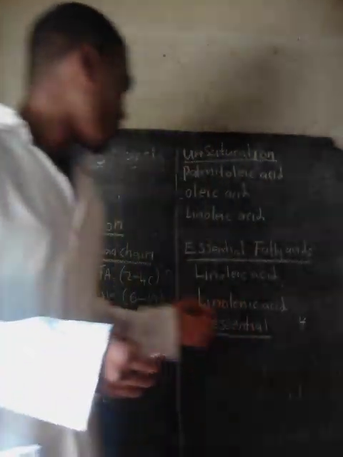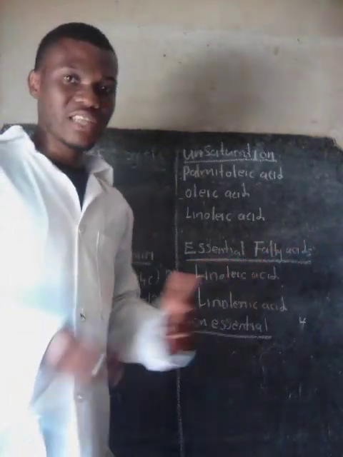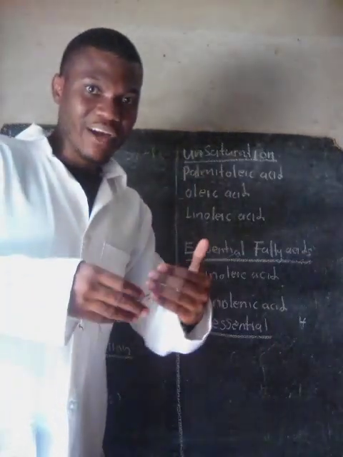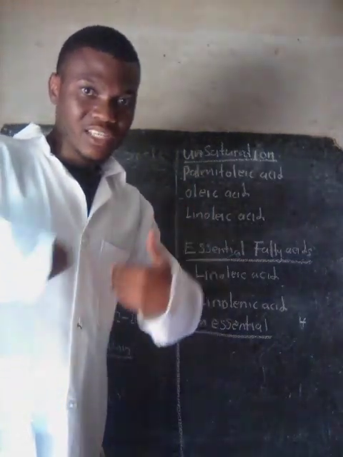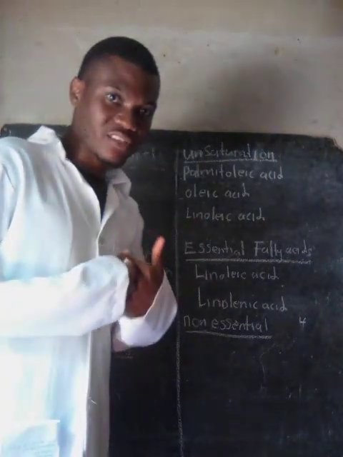But there are those which the body is unable to synthesize or make, and these are the ones that we call essential fatty acids. Essential fatty acids are the fatty acids that the body needs, but it cannot manufacture on its own unless taken in via the foodstuffs that we eat.